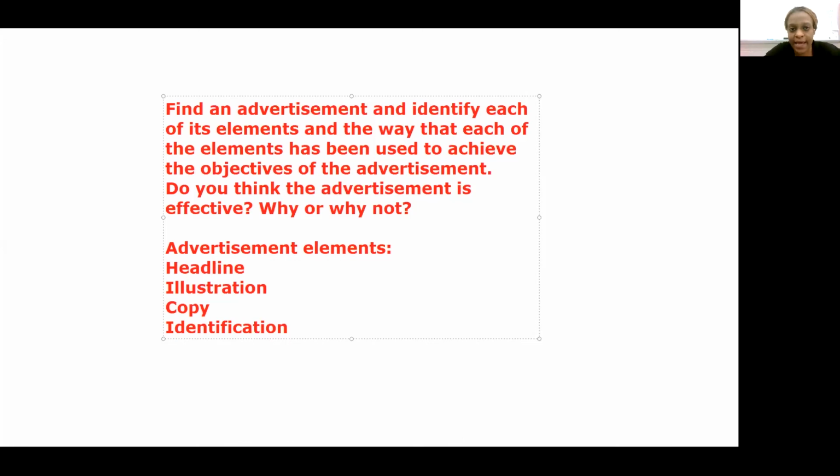Find an advertisement and identify each of its elements and the way that each of the elements has been used to achieve the objectives of the advertisement. Answer the question, do you think the advertisement is effective? Why or why not?